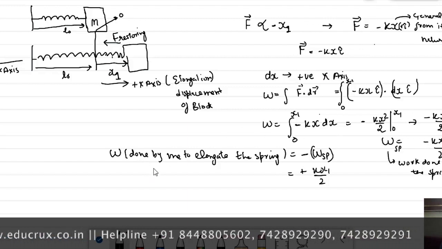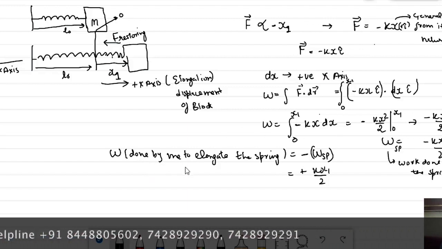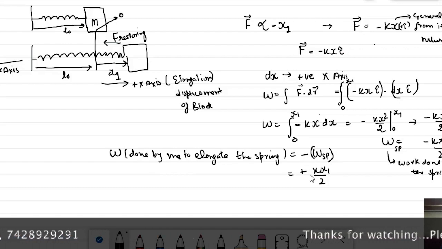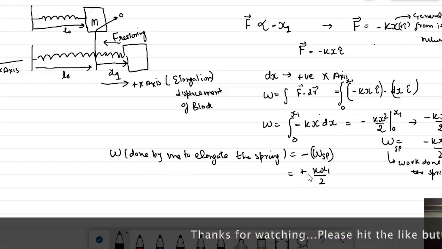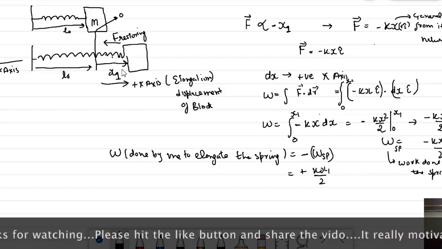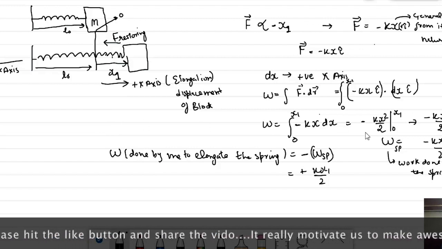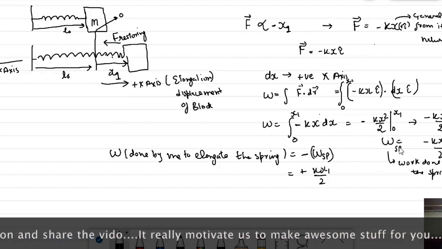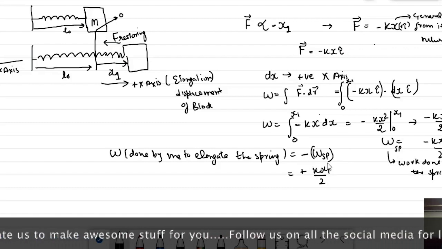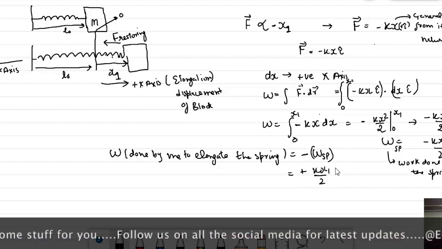But when I have to do work to elongate the spring, then the work done is the negative of the work done by the spring force. That is, I have to supply the energy to the spring to elongate it to the displacement of x1. So the point to be noted: if I have to do work on the spring, then it will be the negative of the work done by the spring force.